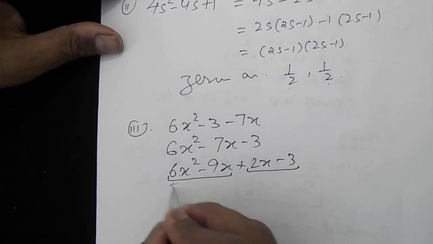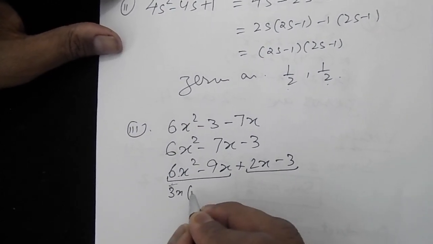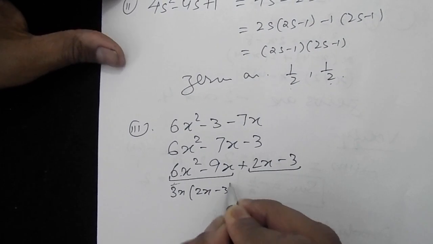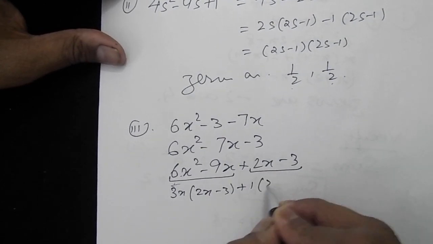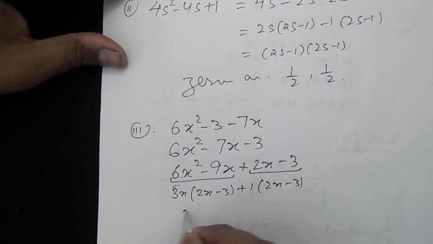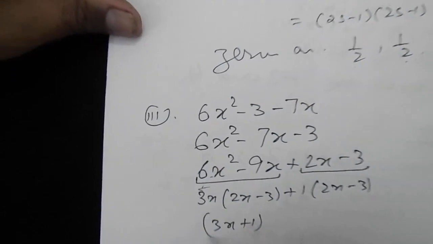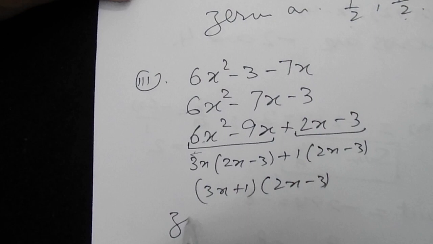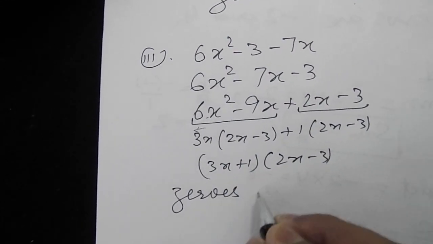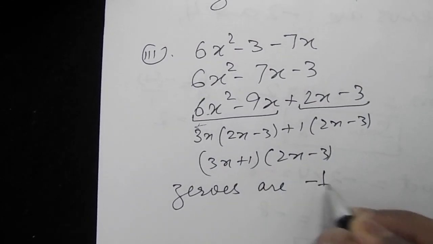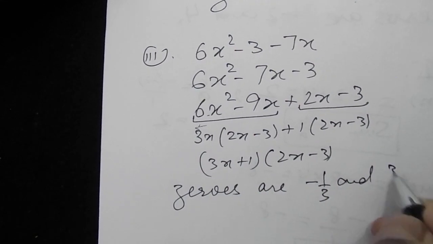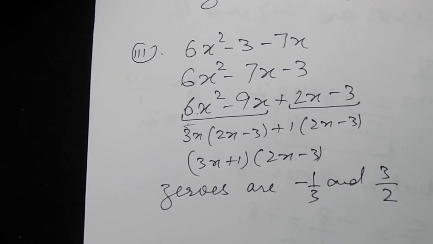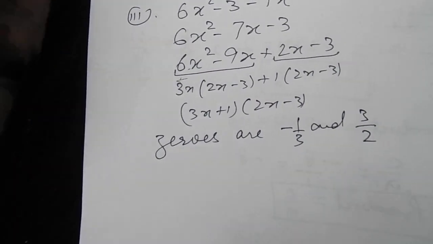So 3x is common. So we are left with 2x minus 3. Here also we take 1 common, 2x minus 3. So we get 3x plus 1 multiplied with 2x minus 3. So the zeros are minus 1 by 3 and 3 by 2. The verification, students, you can do it yourself.